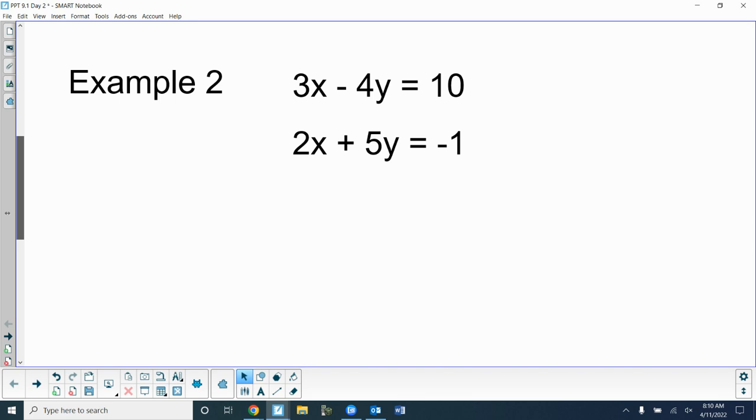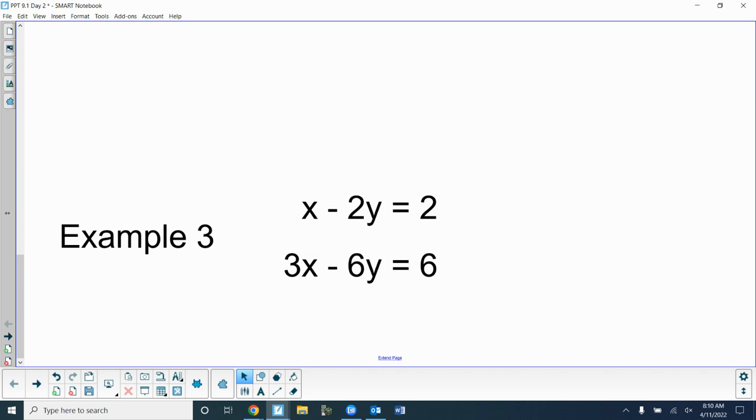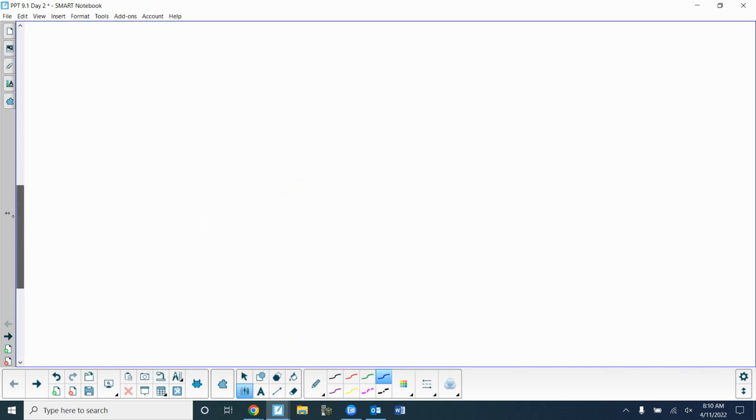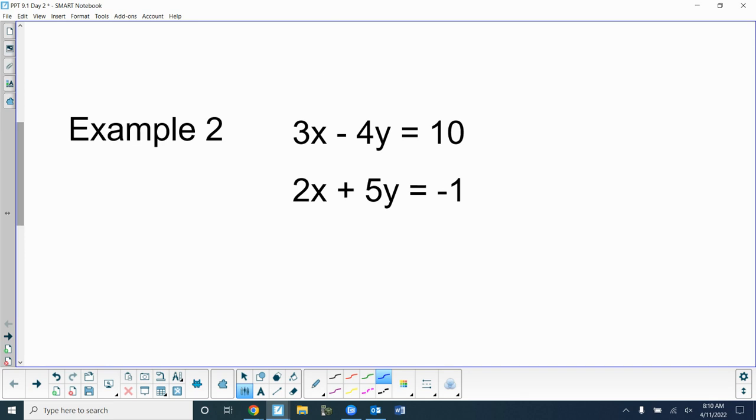So when I multiply the top equation by 2, oops, that's the wrong one. And then the bottom equation, I'm going to multiply by 3. So I get 6x for both. Does that make sense? All right, so you guys go ahead and finish up, then we'll go over it.